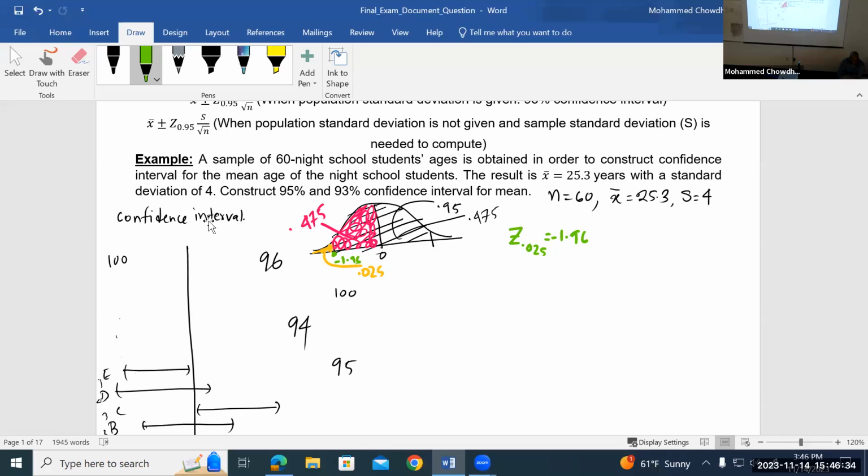Same, Z of 0.025 equals positive 1.96. Why? Because this is the positive part.